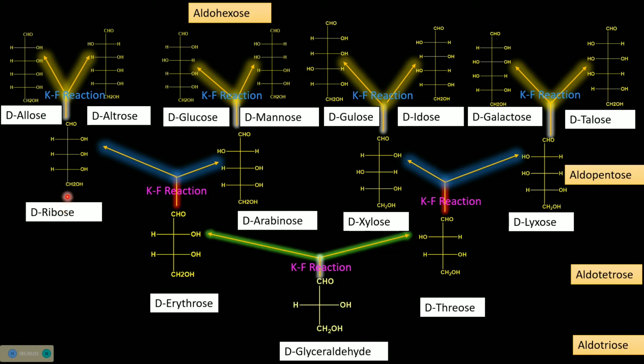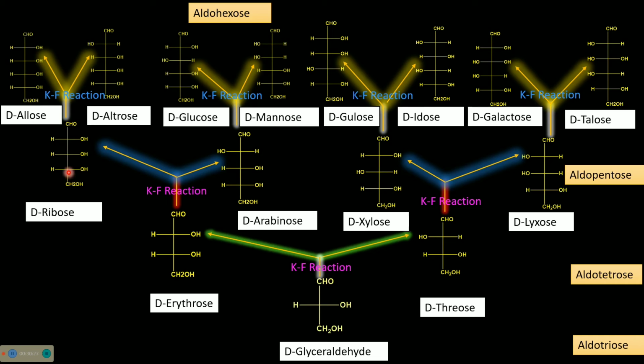So D-ribose, an aldopentose, upon Kiliani-Fischer reaction will give aldohexoses. We will get two aldohexoses. In this aldopentose there are five carbons, so in the product there should be 6 carbons.